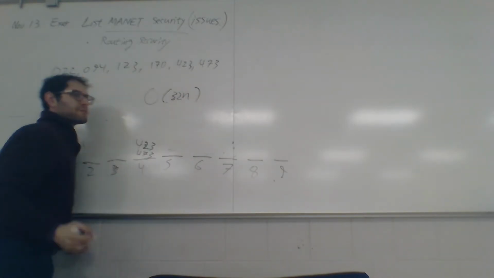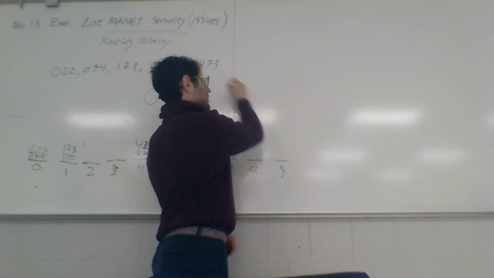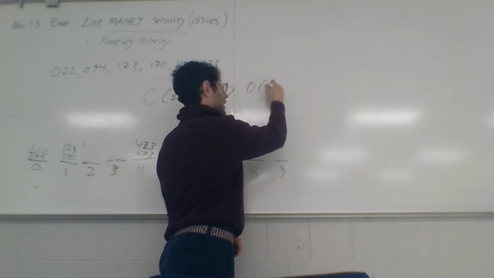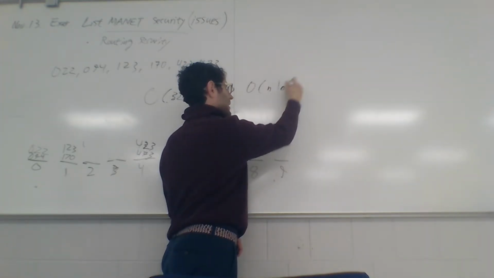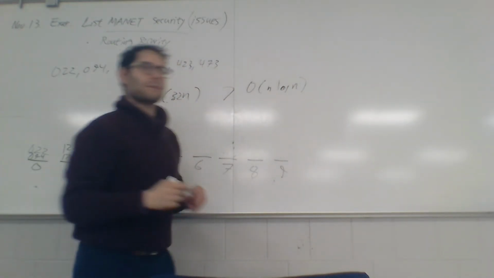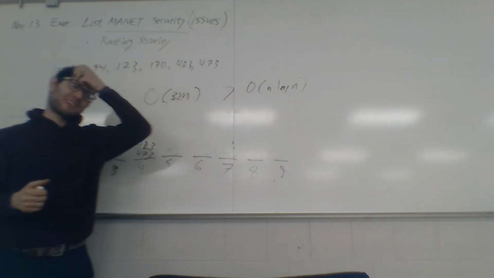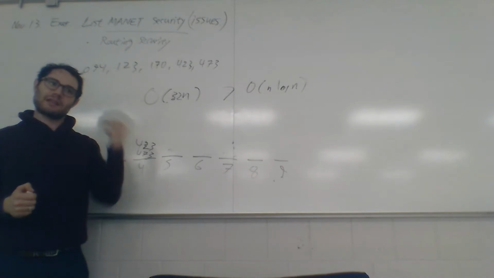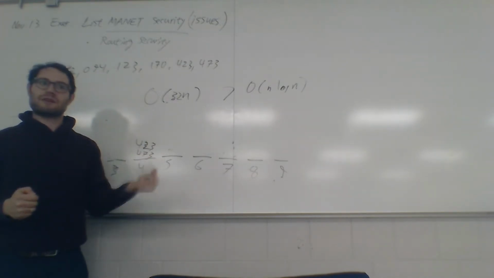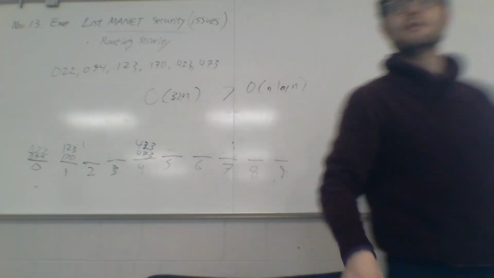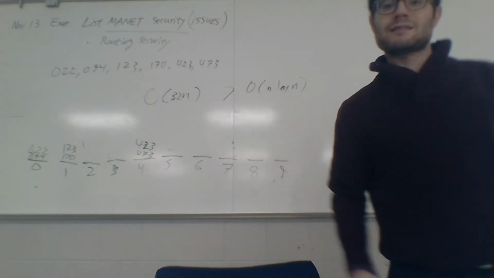Which is typically greater than n log n, right? Because the log n part is typically going to be smaller unless you're dealing with literally billions of items you have to sort. Plus, there's also the overhead of creating these queues, right? So you've got that memory wastage going on there.